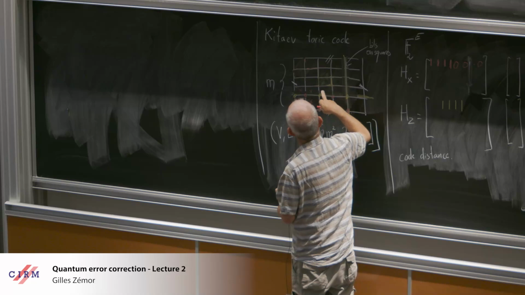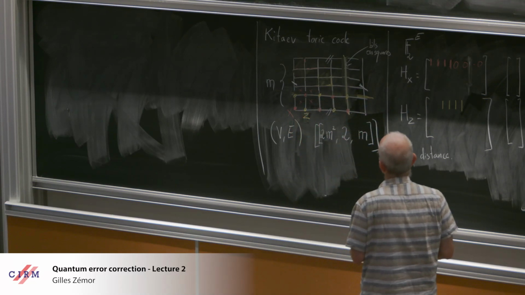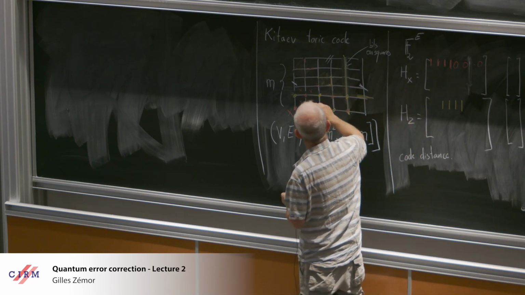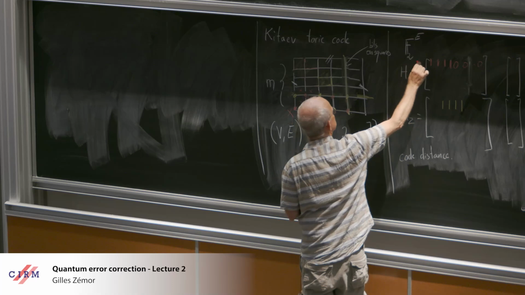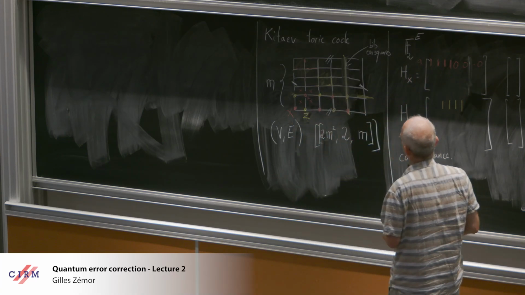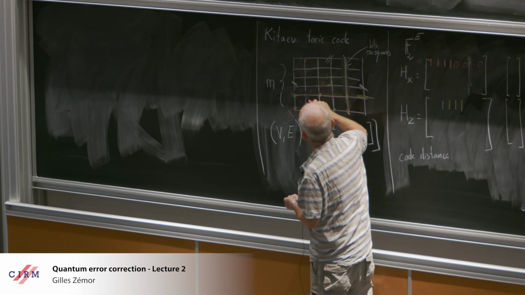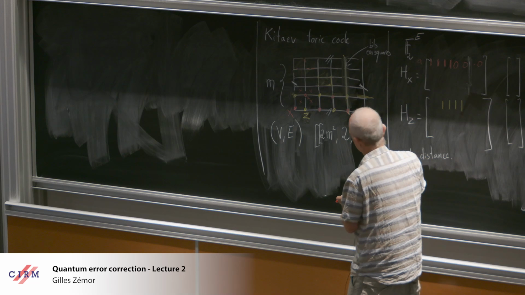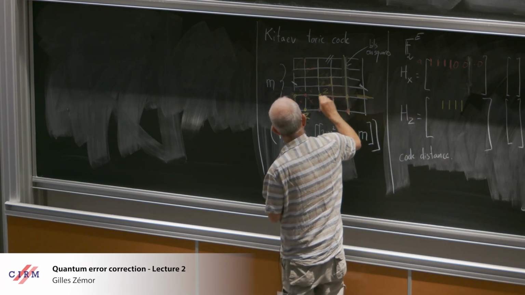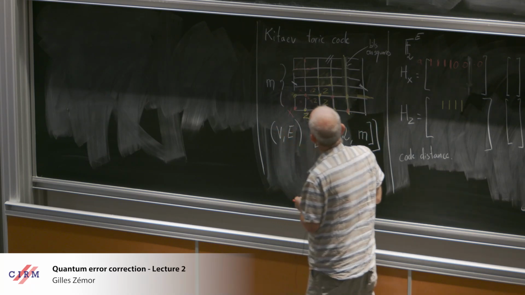And now we use the square neighborhood of every vertex to define a parity check equation, a row of HX. So this vertex here, say call it A, corresponds now to a row of HX, which is row A, and we have ones in the positions corresponding to the squares adjacent to A. And we do the same thing for the yellow vertices that get the Z checks.